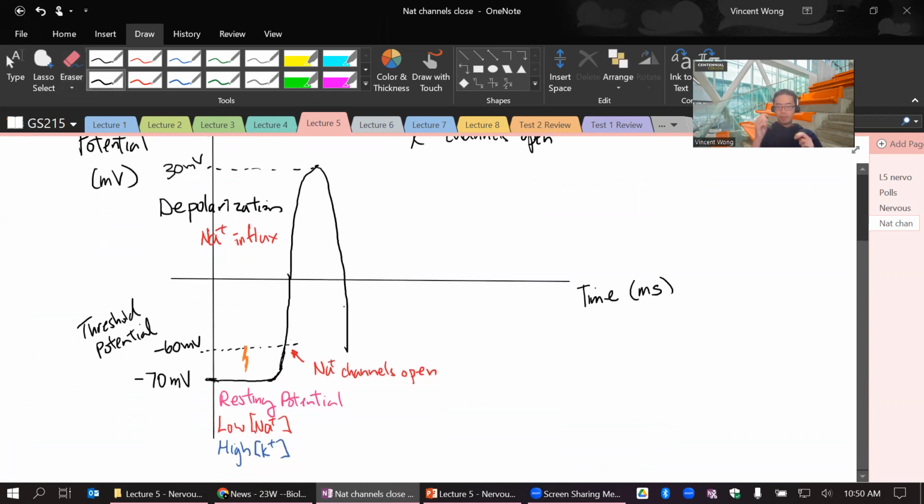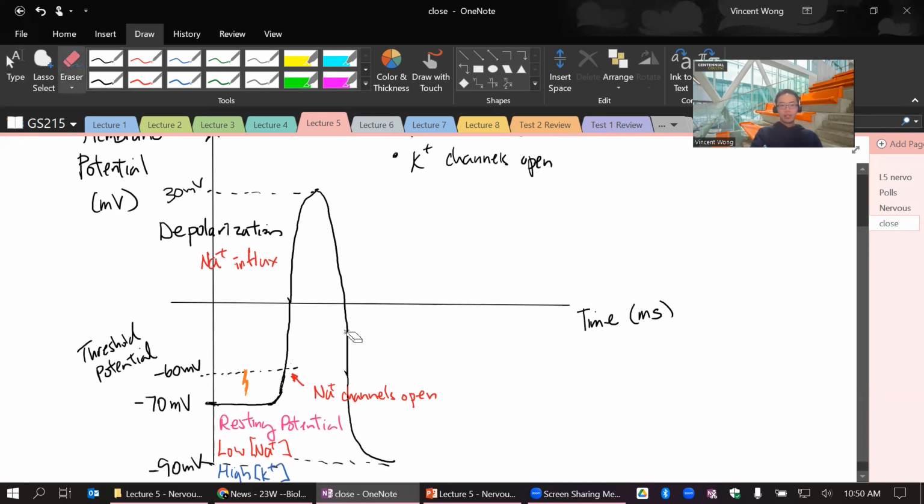Okay, and again, we have two driving forces, so you will have a lot of potassium leaving, so much so that when this is all said and done, you would be all the way down to minus 90. Okay, so this phase, this falling phase, is called repolarization.